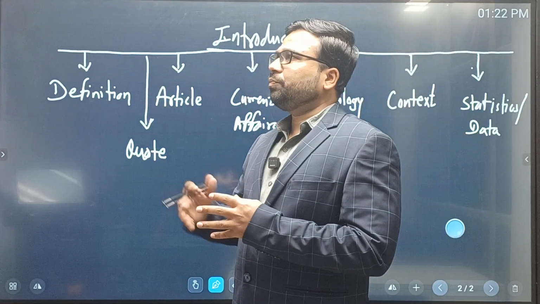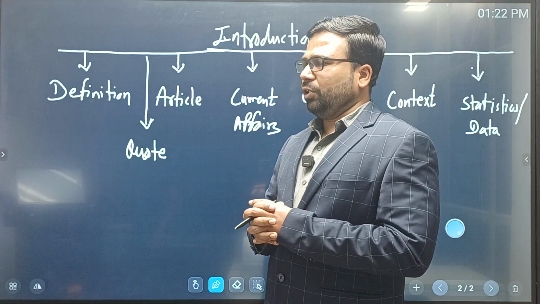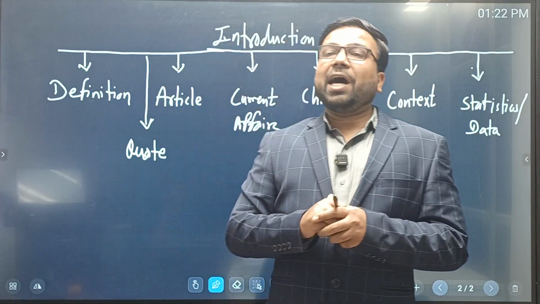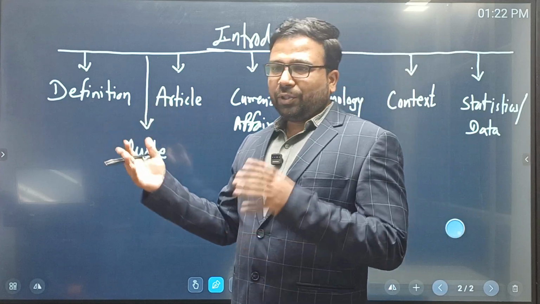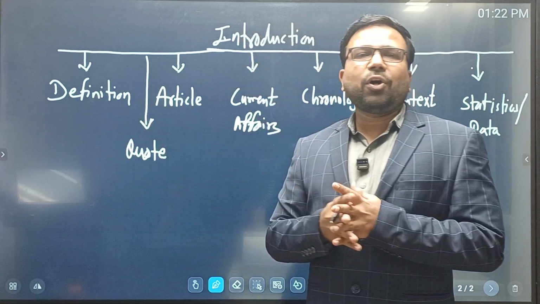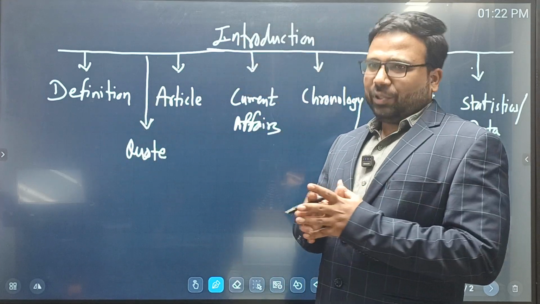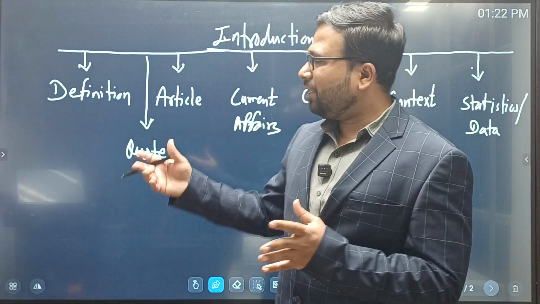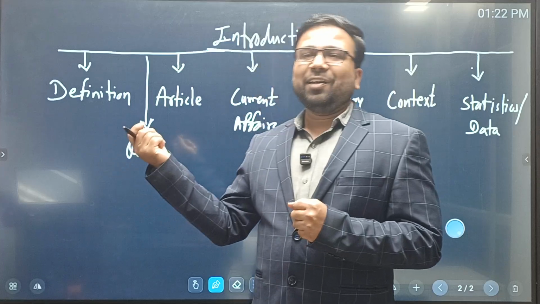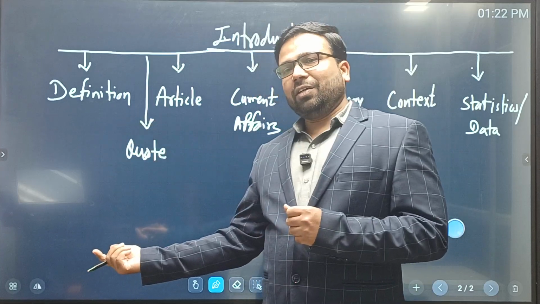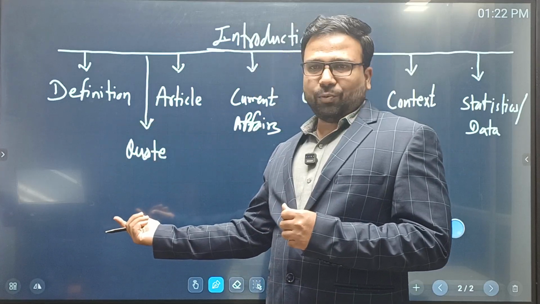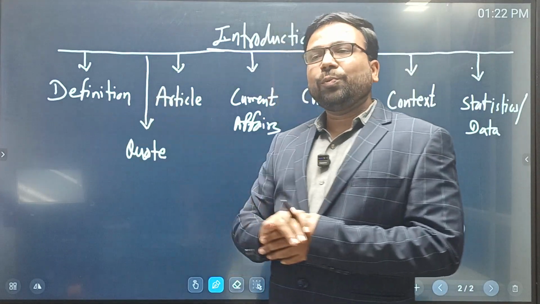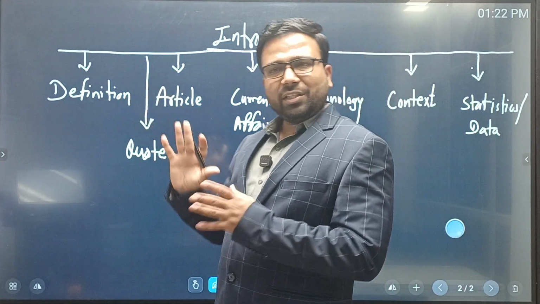But for example, in questions of science and technology, darknet: explain the challenges posed by darknet. Darknet is a concept which is not popular among the masses, or might not be that well known. So there first explain what the darknet is, then how it works, then what challenges are posed by it, and what can be done. That is as per the demand, so there you should go by this definition based introduction.